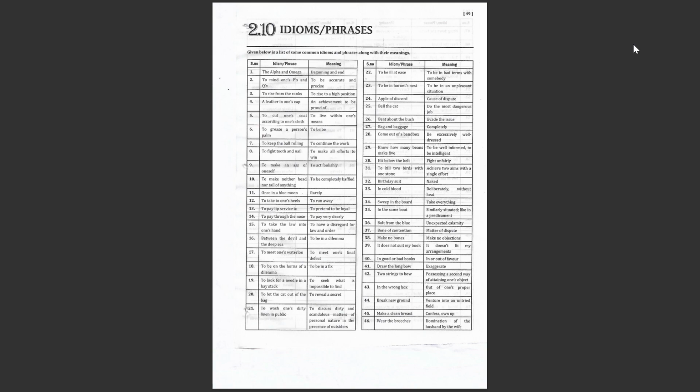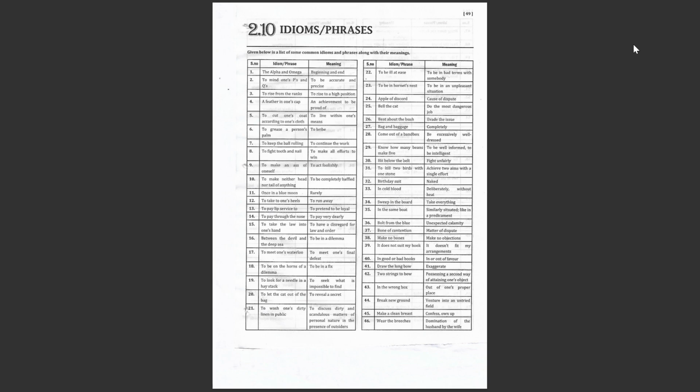P's and Q's here essentially means to mind your language and to be on your best behavior. To also mind your manners is what to mind your P's and Q's means. To be accurate, precise, to the point, polite. These are the meaning of this idiom.